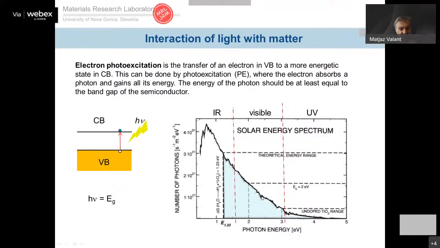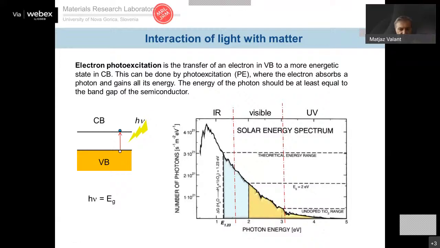But of course, we need to find a catalyst which is capable of doing that, but also capable of absorbing light in the visible range. Titania, as the most popular and known photocatalyst, has, as you see, a band gap which is much higher than the majority of the visible range of the solar light.